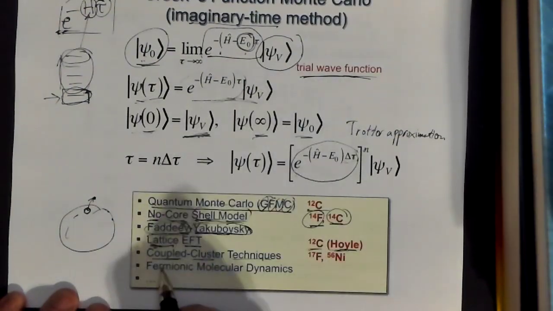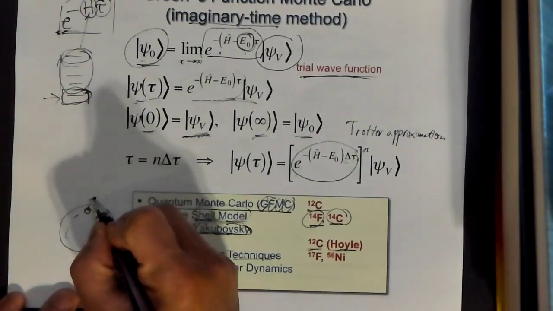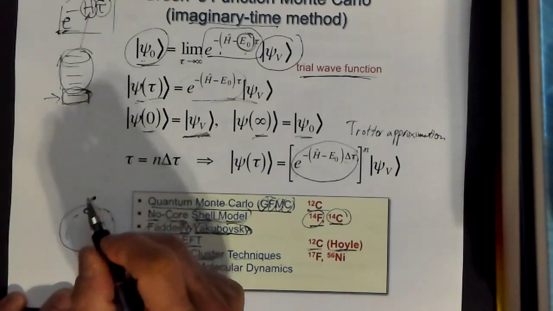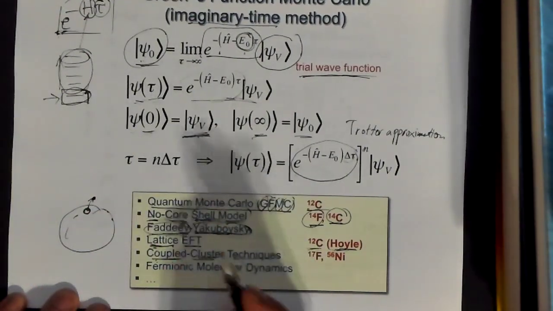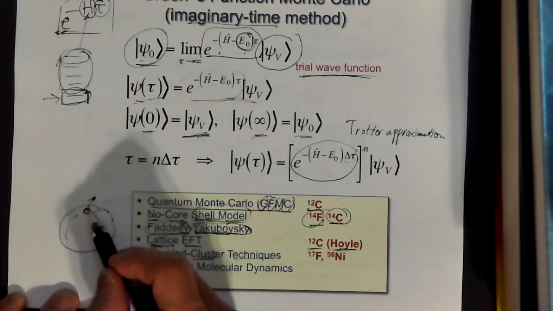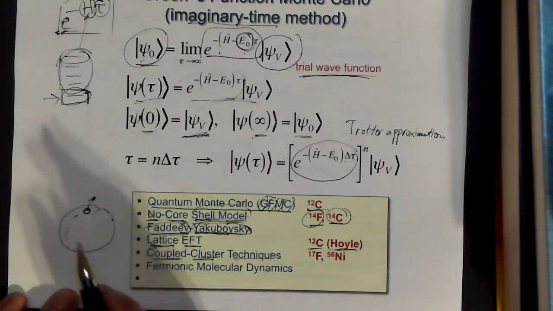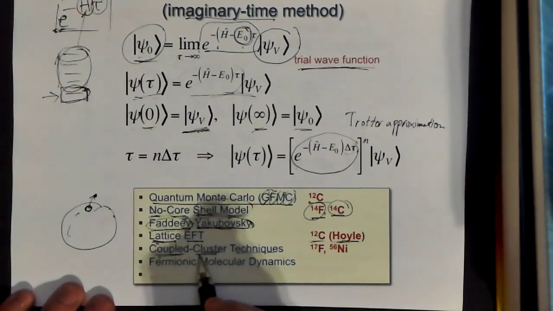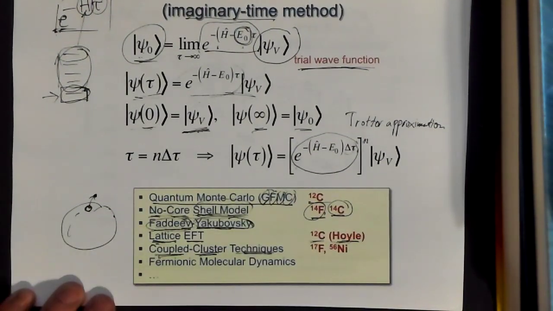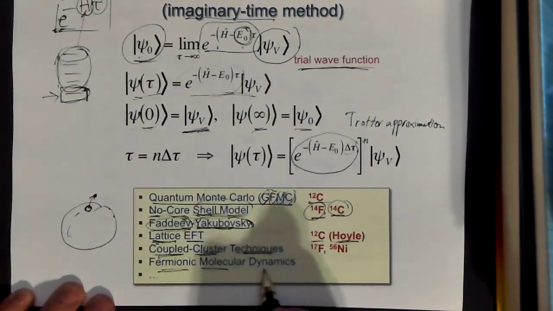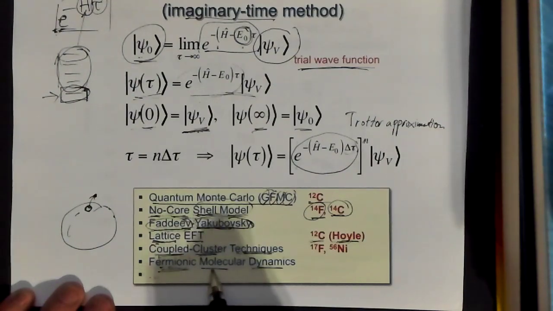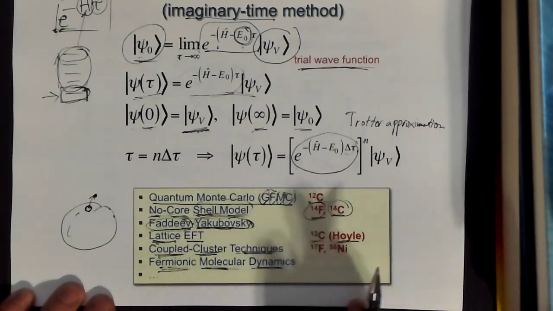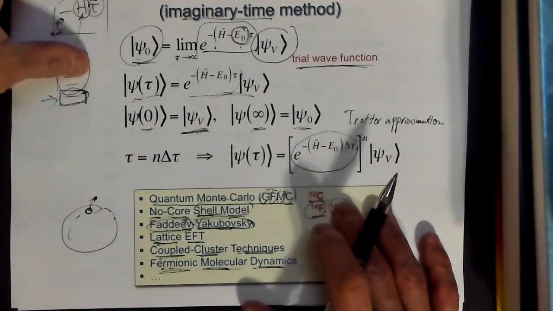In this coupled cluster calculation, you stick to a certain number of particles and holes, and you make an approximation allowing interactions between a certain number of particles and holes, but you iterate it so that you can get some very strong coupling features from that calculation. And then there are other techniques like fermionic molecular dynamics, which is a variational calculation. I'm not going to go into all the details of all these things.